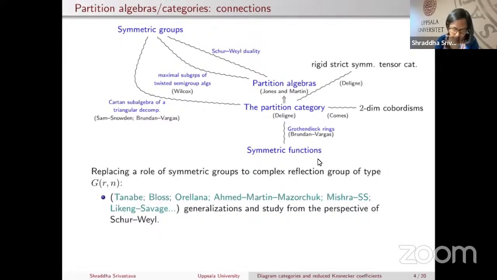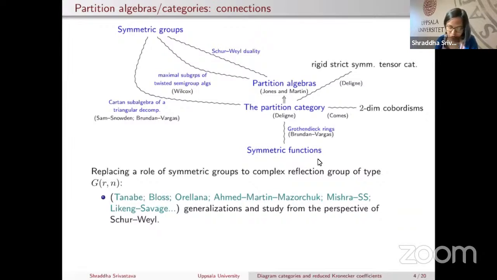The first generalization was by Tanabe, where he looked at the centralizer algebra of G(r,1,n) acting on tensor space. Then Bloss, in the Schur-Weil duality statement, changed the tensor space and discovered something analogous to the partition algebra. Then Orellana studied the representation theories of these generalizations.